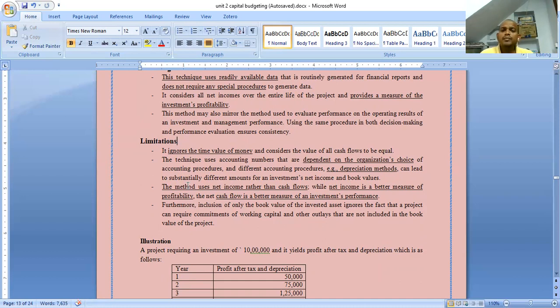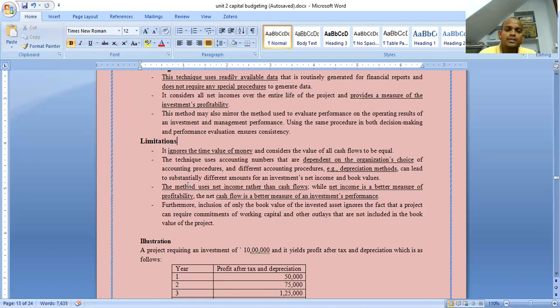The organization's choice is whether to follow the written down value method of depreciation or the straight line method of depreciation. How much depreciation they apply depends on the accounting procedures followed by the company or management. That is why it is a limitation that it is dependent on the organization's choice.